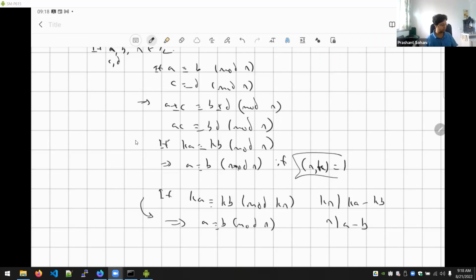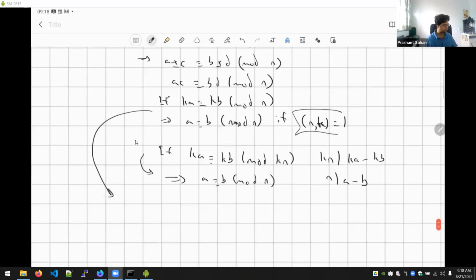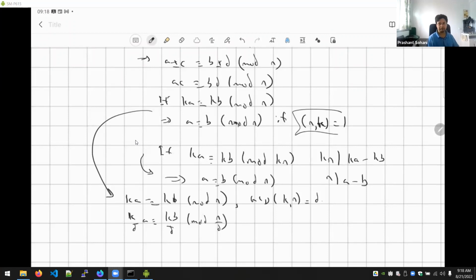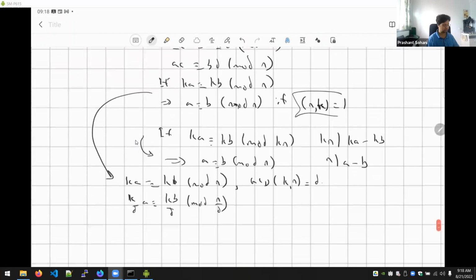In particular, when we are talking about the GCD, if you have KA congruent to KB modulo N, and we know the GCD of K and N is equal to D, then it is safe to cancel a copy of D from the entire equation, right? So I can do K by D, A, B, and N by D. I am able to cancel a copy of D from the whole equation.